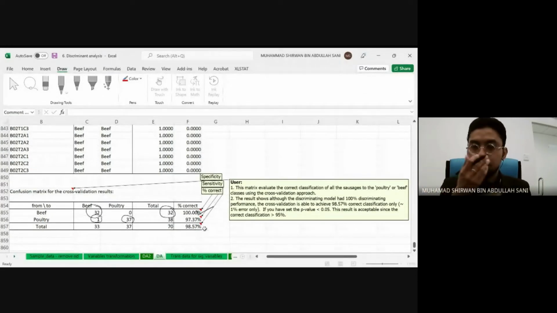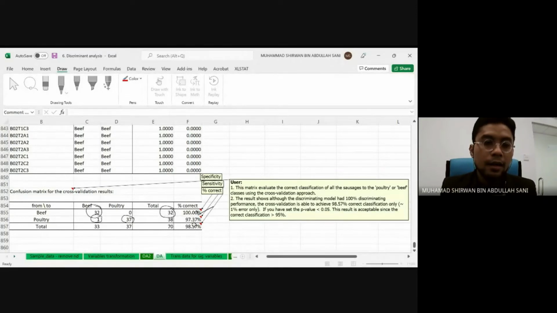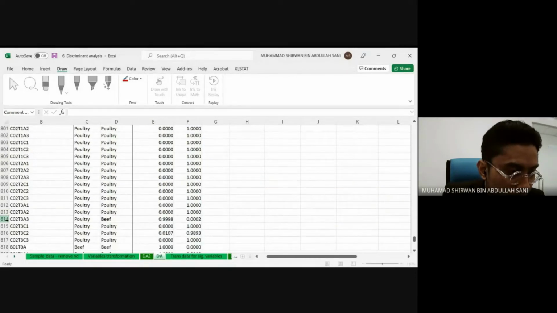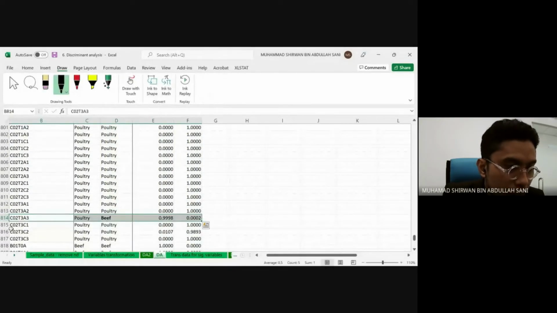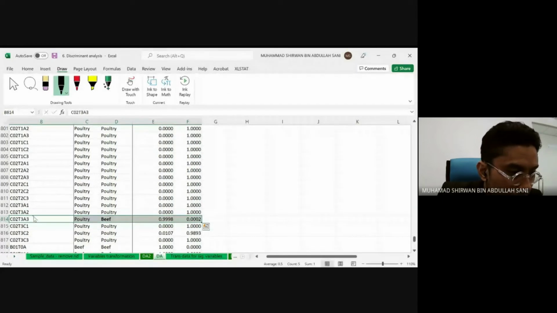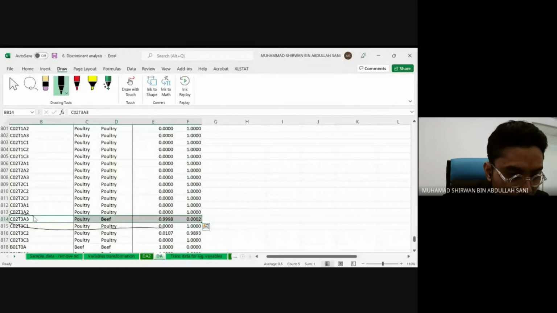Some people, after they conduct a confusion matrix and the correct classification falls below 100%, will identify which one is having a problem. This sample is having a problem. CO2 73A3, this sample should be poultry.